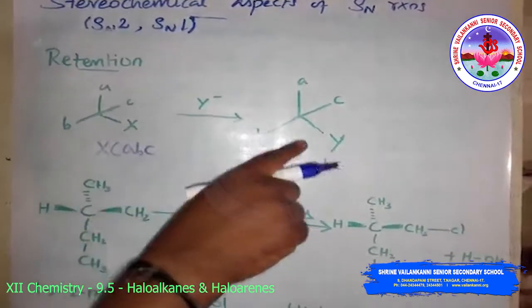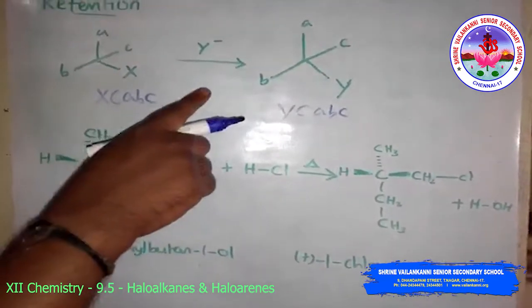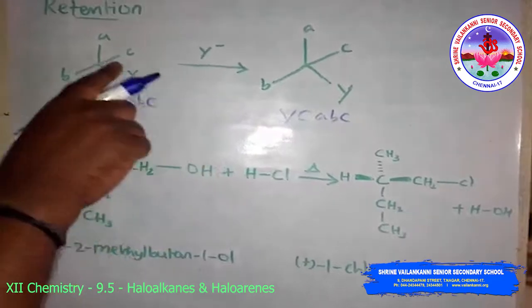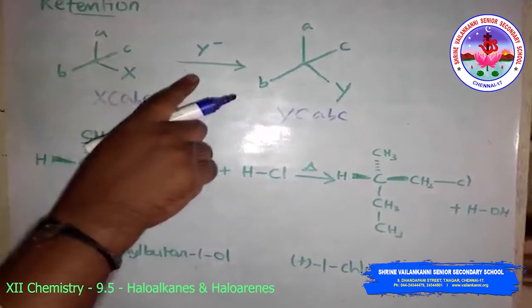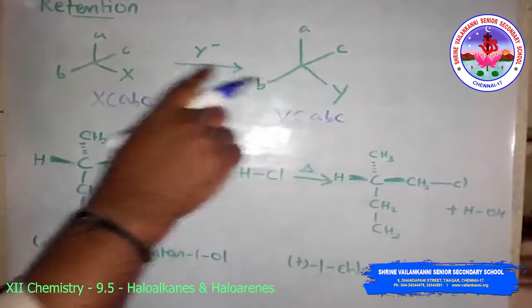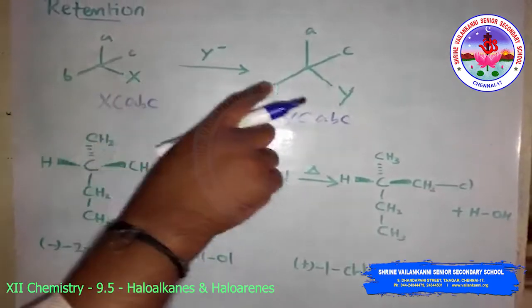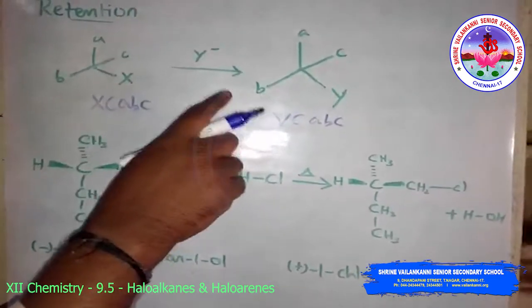The same relative configuration. In general, during the reaction, no bond at the stereo center is broken. The product will have the same general configuration of the groups around the stereo center as the reactant. So such a reaction is said to proceed with retention of configuration.